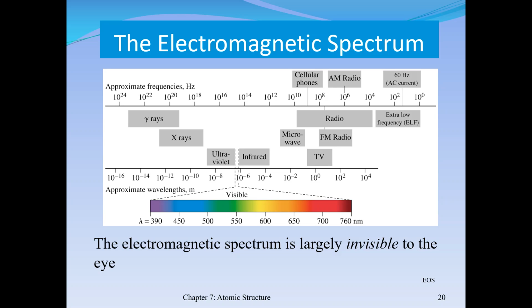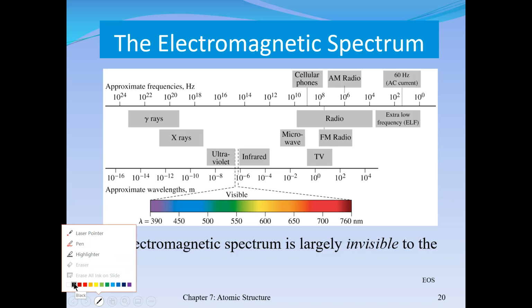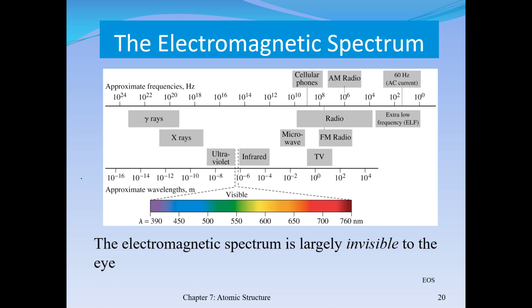Now, in this particular version that you have here on the screen, they're arranged in order of decreasing frequencies going from left to right, which means that going from right to left, the wavelength would increase because, as we said before, and let me write this down here just to remind you, the frequency of the wave times the wavelength would be equal to the speed of the electromagnetic radiation, which is a constant at 3.00 times 10 to the 8 meters per second, right?